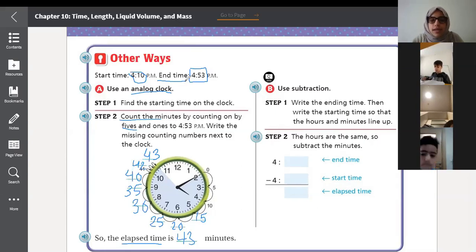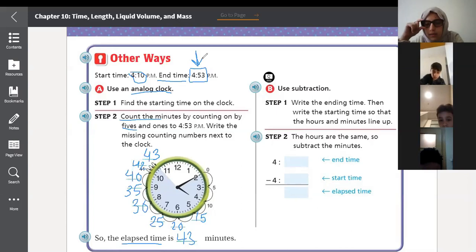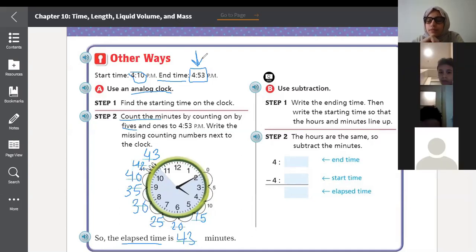What's the end time? Do you see the screen? 4 at 53, right? 53, yes. Be careful.